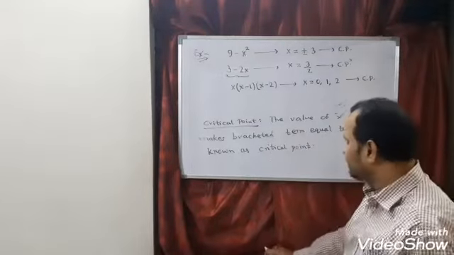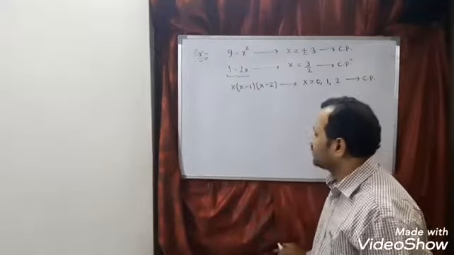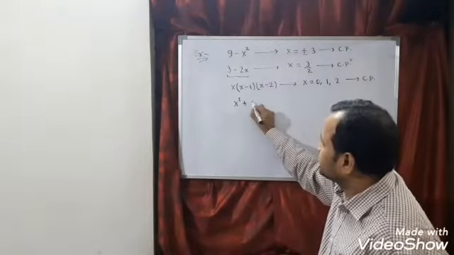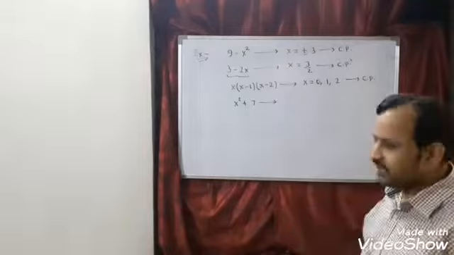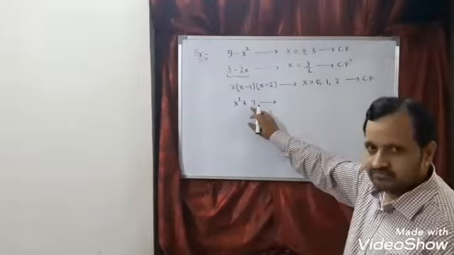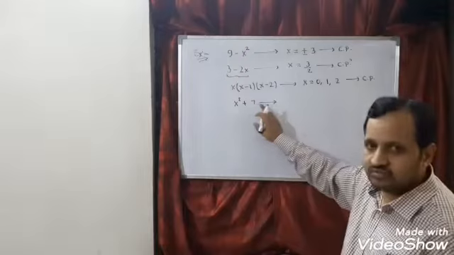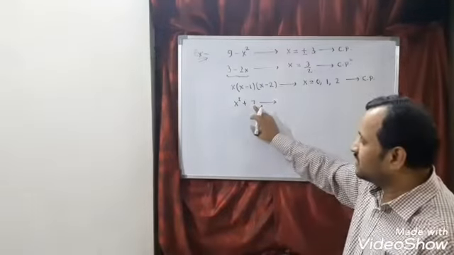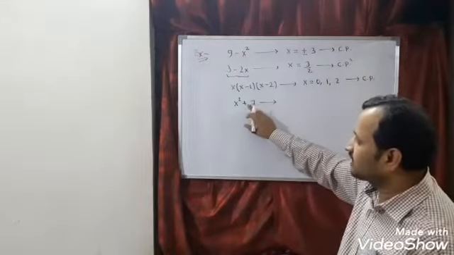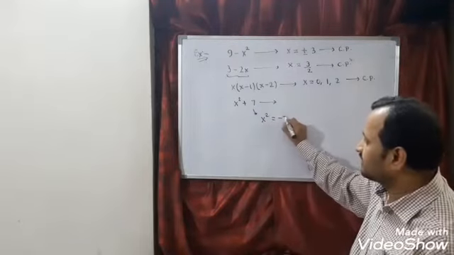Let us see one more example. Something like x square plus 7. Can somebody tell me for what value of x this term will become 0? If it were minus 7, then you could say x is equal to plus minus root 7. But for x square plus 7, equate this to 0. You will do x square is equal to minus 7.